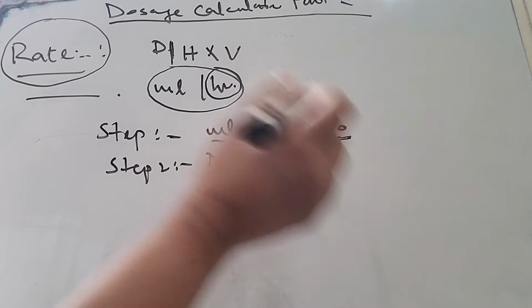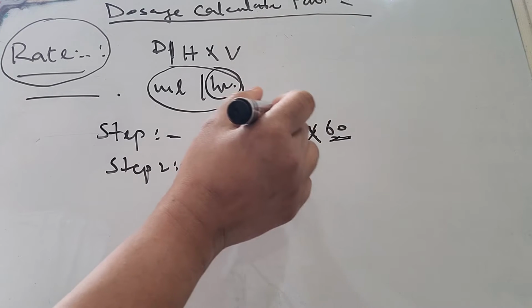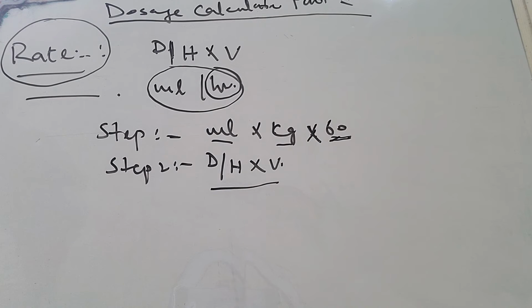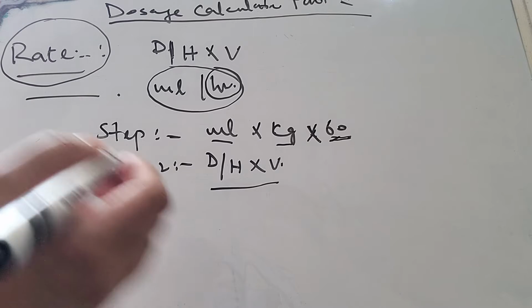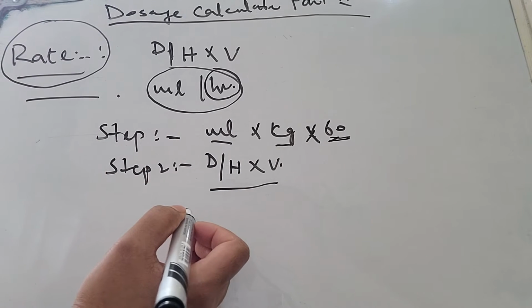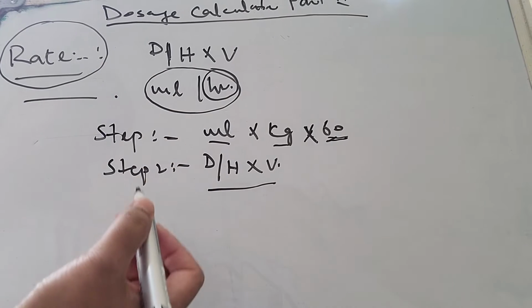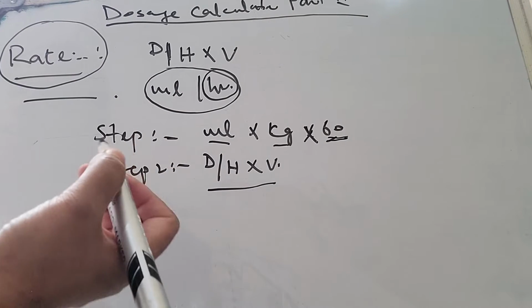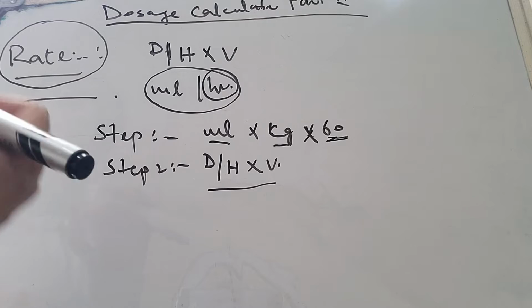multiply by 60. As I told you, always we will take the kg, not the lb. We will always convert lb into kg. And one more thing to keep in mind: if in the question they tell you minutes, they will not tell you hour.